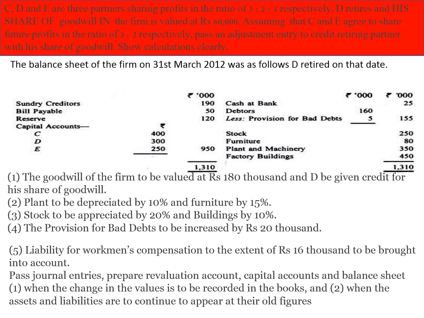Now in D's capital, by C's capital 18,000, by E's capital 42,000, that is for goodwill. Then by revaluation profit, C 6,000, D 4,000, E 2,000. The total of D is coming 4 lakh 4,000.